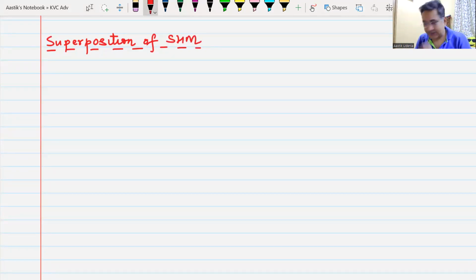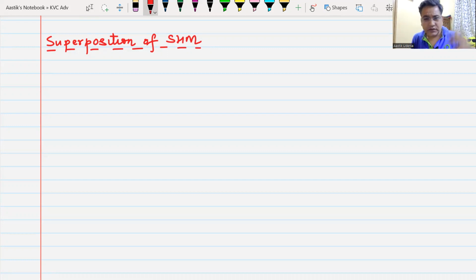Well, superposition of SHM means a particle may be executing SHM or two particles may be executing two different SHMs. And if we add those two SHMs, we call that superposition of SHMs.